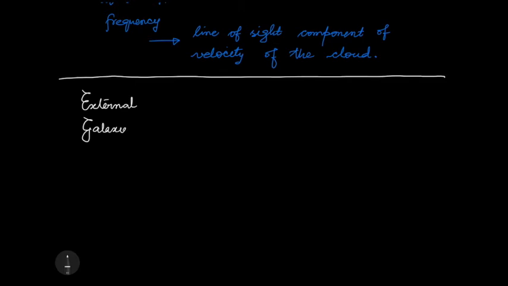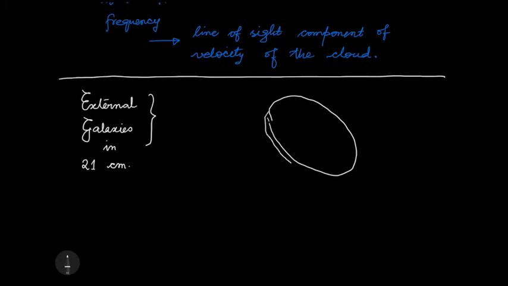We look at external galaxies. We look at them in 21 centimeter radiation. Now, we're mostly talking about spiral galaxies. We will learn about galaxies in a lot more detail.